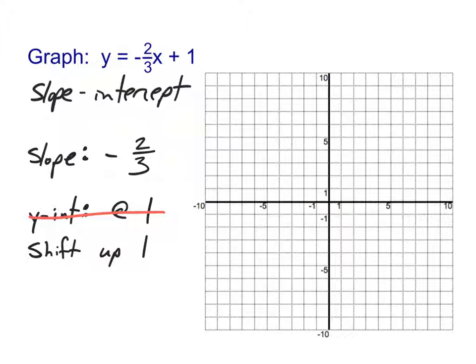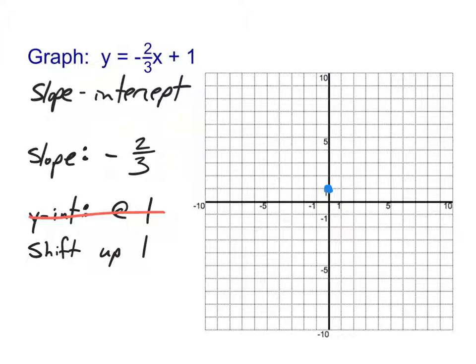Notice that means the same thing. It still tells me that I'm going to be starting up 1, but because we're going to be shifting all directions like we saw in that first problem, thinking in terms of shifts is just going to help you overall rather than having this special category for the lines having a y-intercept or something. All right, so now when I go to make my graph, I do start by shifting.